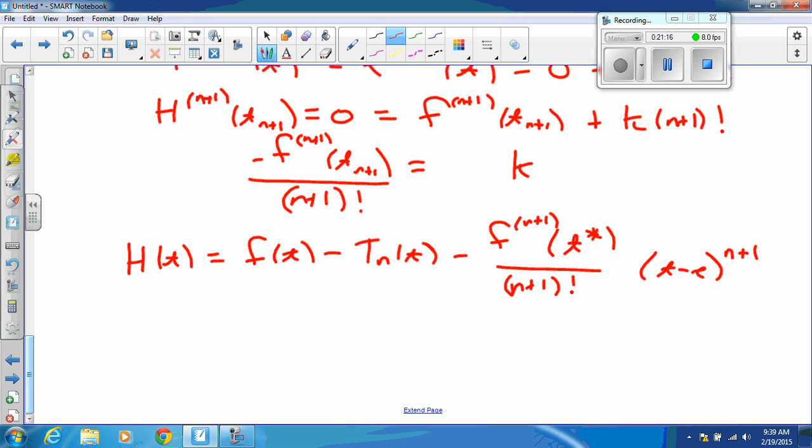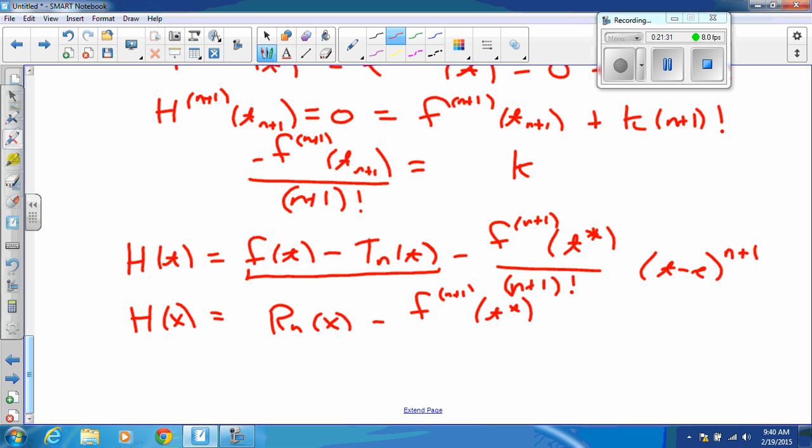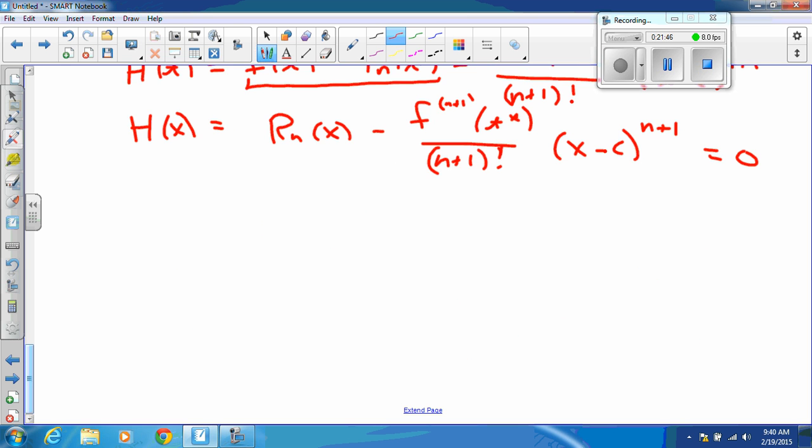And the stipulation I had on h was this, that h of x was equal to 0. But now keep in mind that f minus T is the remainder. So this is Rn of x, and what I require is that the Rn of x, the h of x, is equal to 0 exactly when t is equal to x.